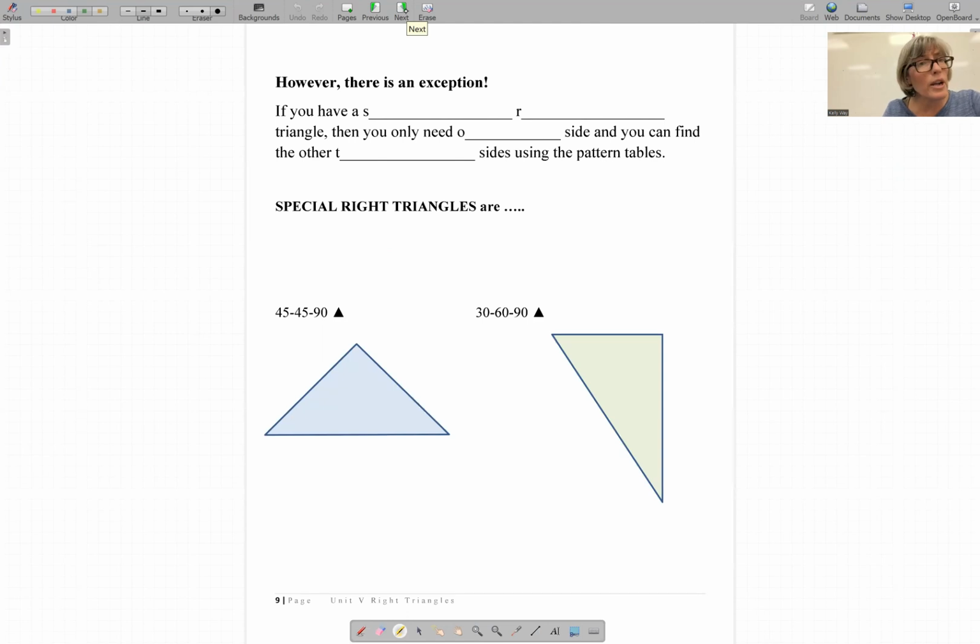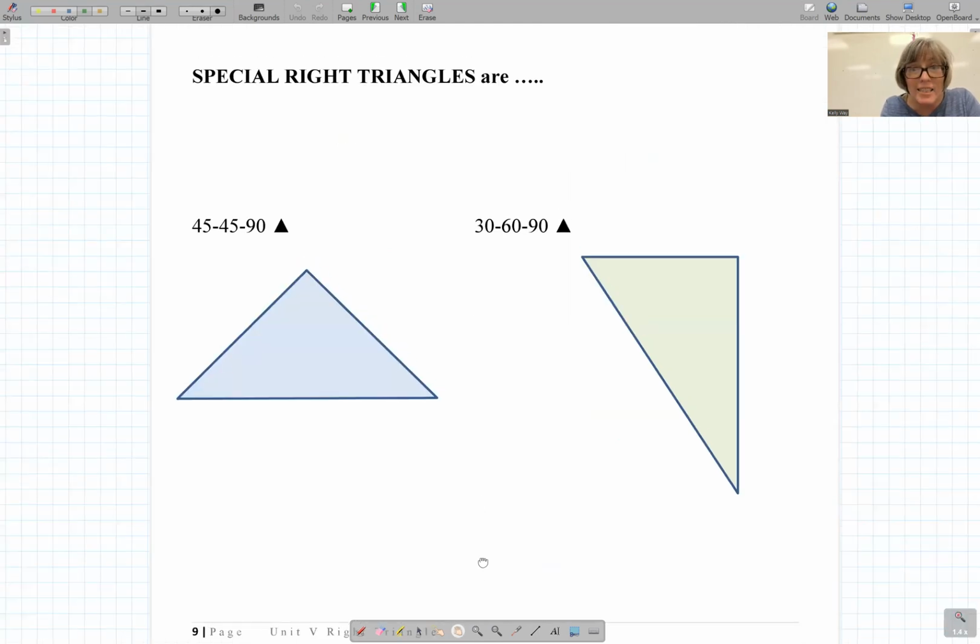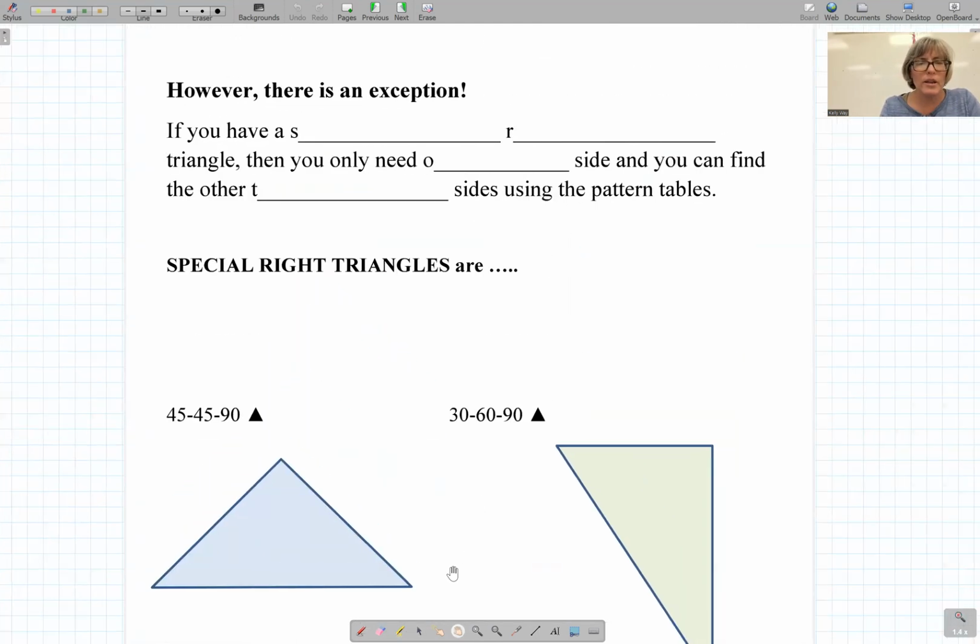Now, you can use Pythagorean theorem for any right triangle. If you have two sides, need a third side, you can Pythag. But today, I'm going to teach you some shortcuts. Everyone likes a shortcut. But these shortcuts are only for what's called special right triangles.